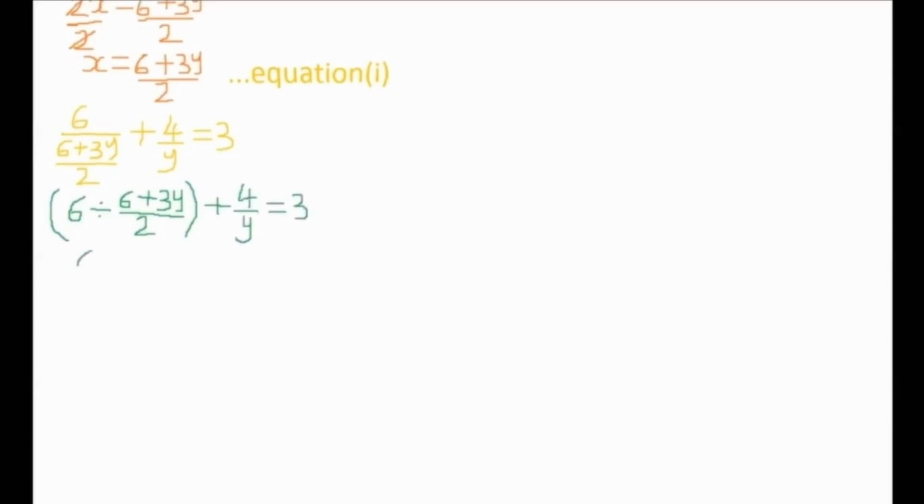And remember what we said in our recent last video, which was on trig identities. We said that when dividing fractions, the sign changes to multiplication, and the denominator and the numerator swap.